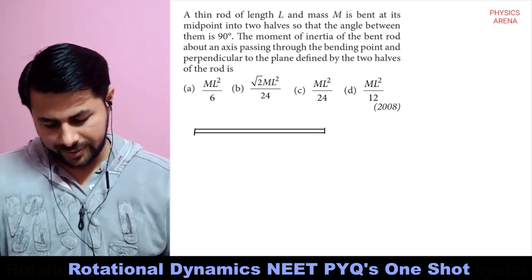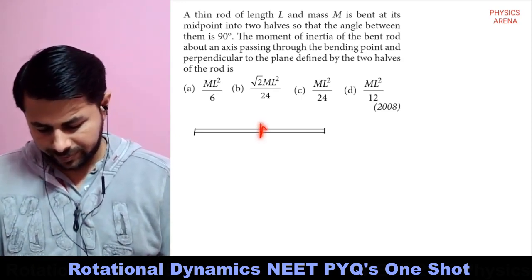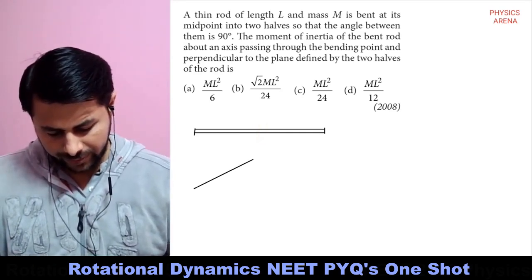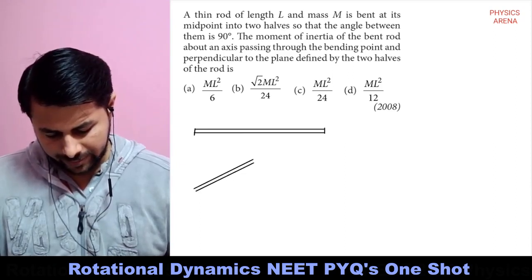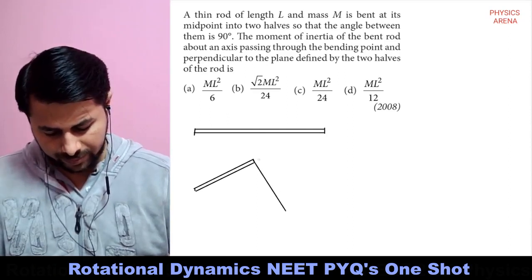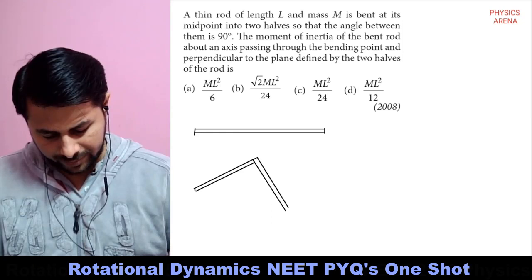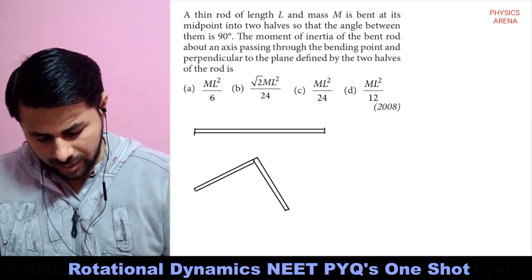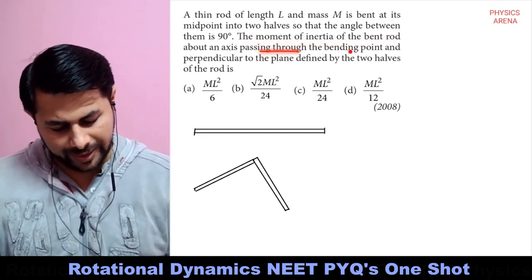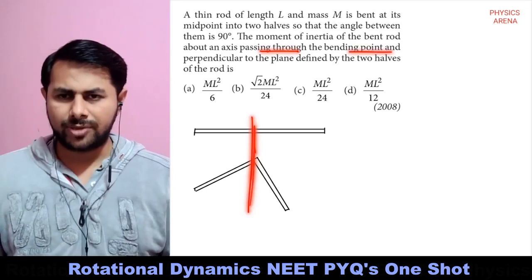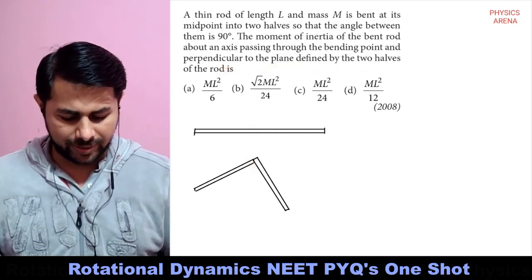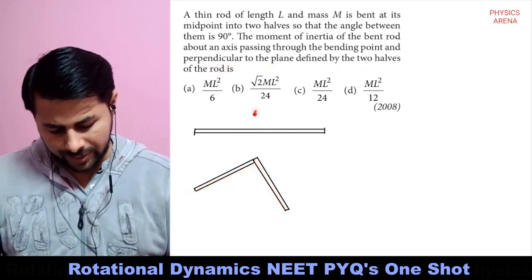You are bending it into two halves, so you now have rods like this, bent at 90 degrees. We want the moment of inertia of the bent rod about an axis passing through the bending point and perpendicular to the plane defined by the two halves. So you want the moment of inertia about this axis.